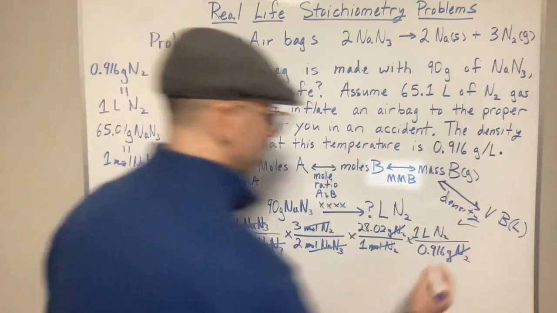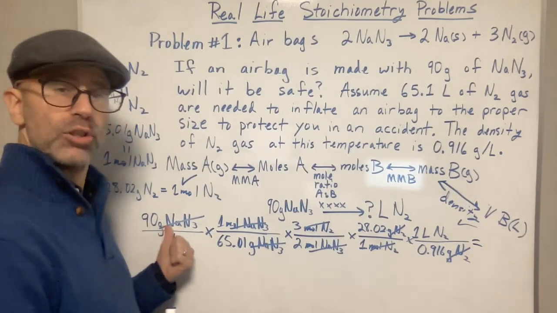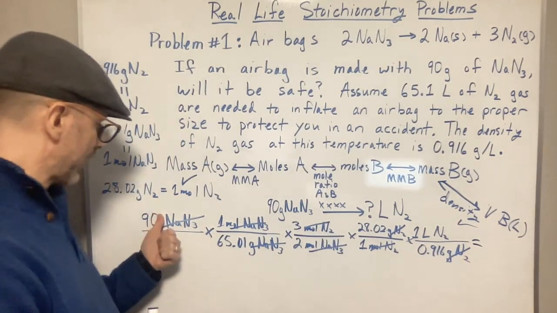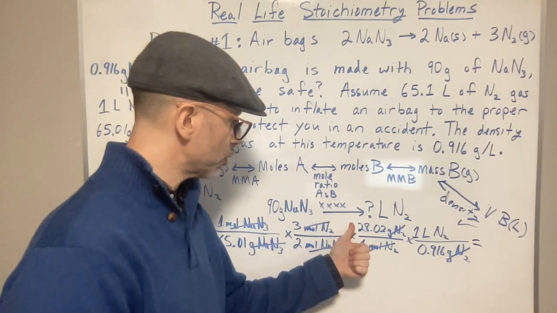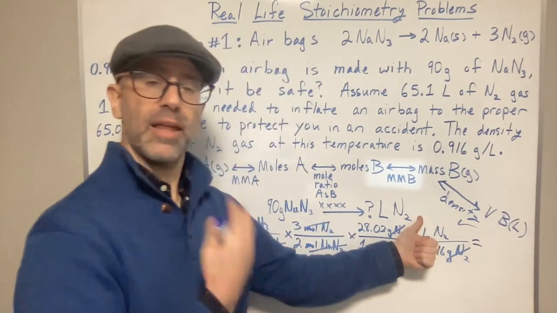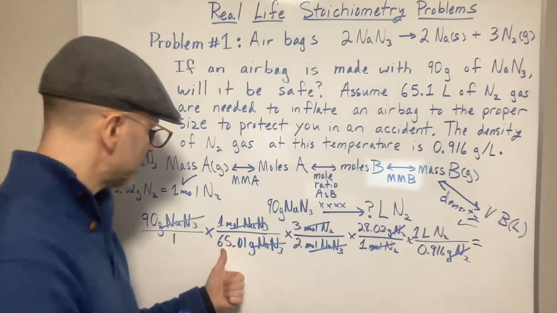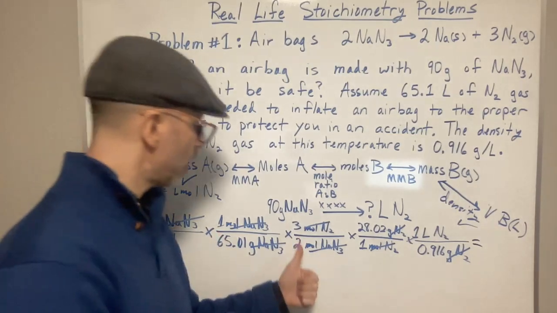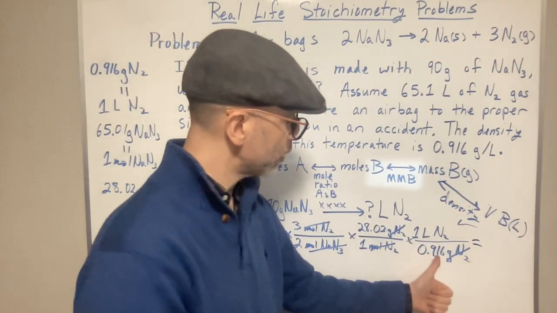So now all I need to do is take my calculator and multiply everything on the top. So 90 times 1 times 3 times 28.02 times 1, and then divide everything on the bottom. Divided by 1, divided by 65.01, divided by 2, divided by 1, divided by 0.916.